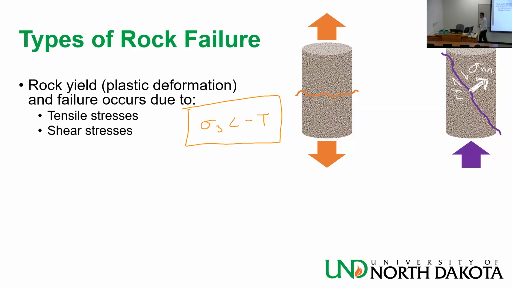But the shear stress is not a product of one stress. It's not a directly applied stress. It's a product of two different stresses. In this case, it is the compression I apply on the axis of the core, and the confinement I have on the outside.